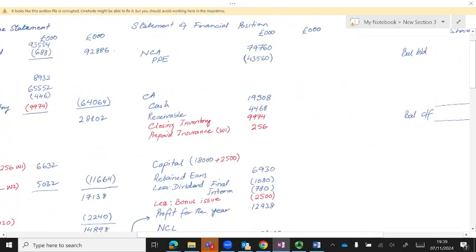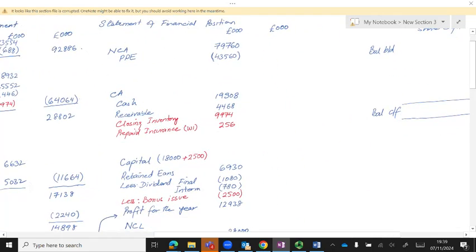Now let's close our statement of financial position. The non-current assets, property less accumulated depreciation, is 36,200.